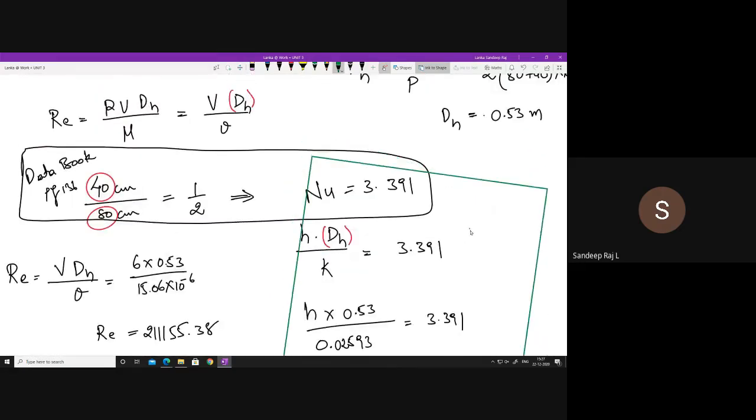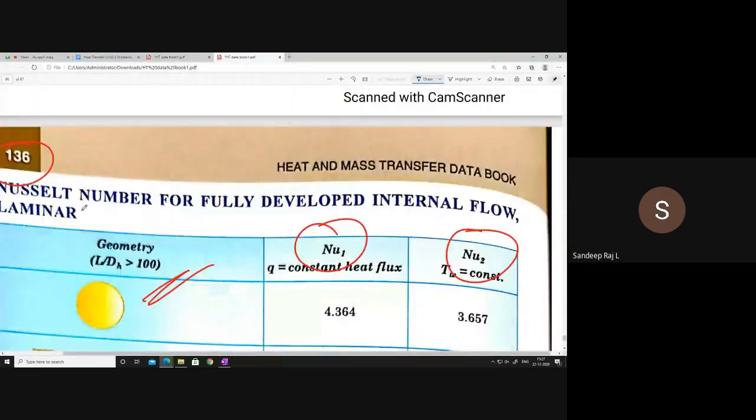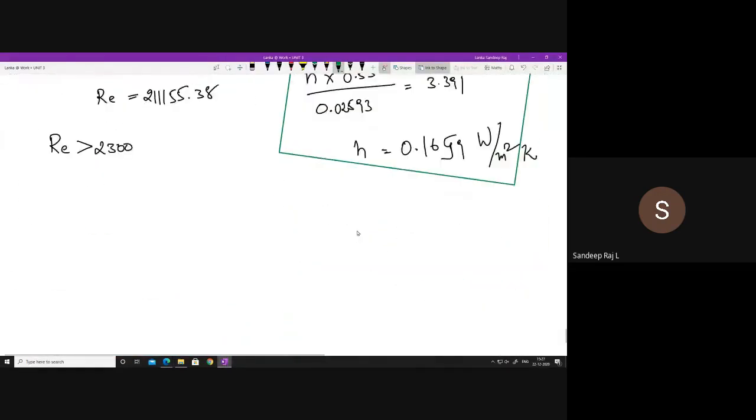Why? Because in the data book he has given that these formulas should be used only under the laminar condition. If laminar is not given and you got turbulent, what to do now? Again, that Boelter equation you have to use. That is your rescue always.